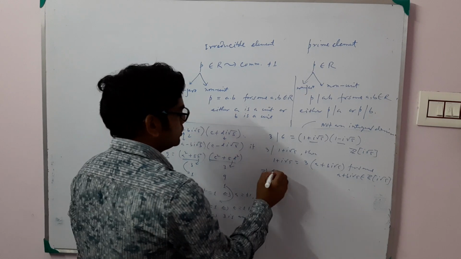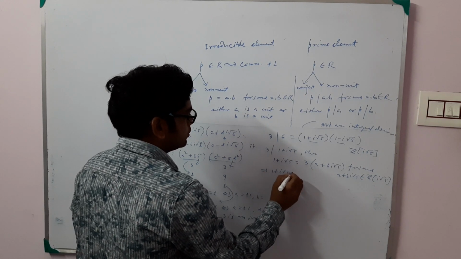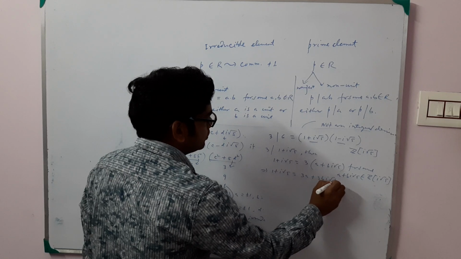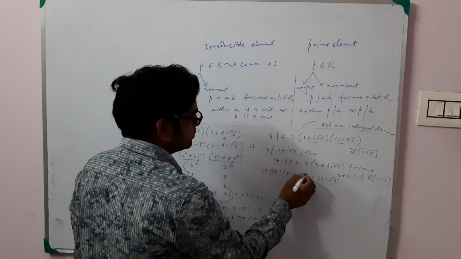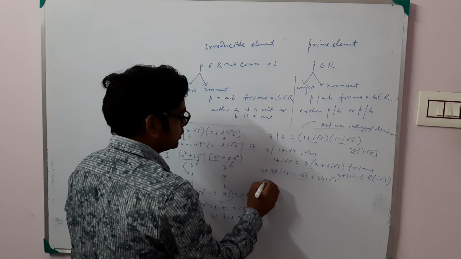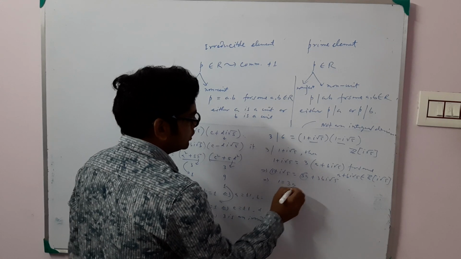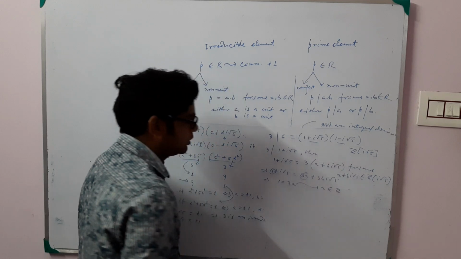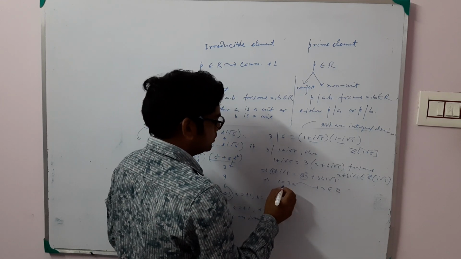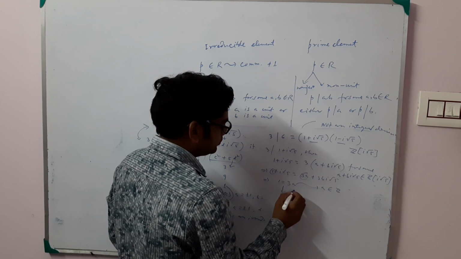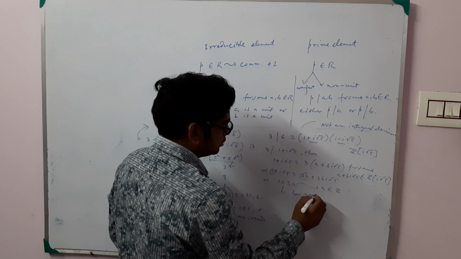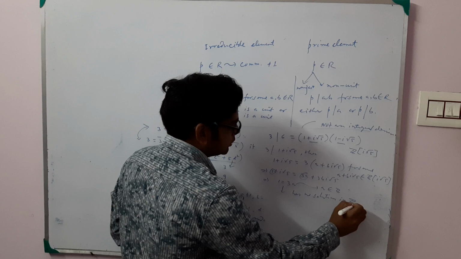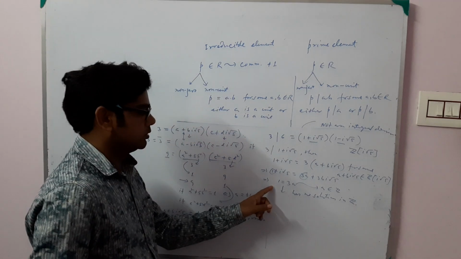So from this we see that 1 plus i root 5 is 3a plus 3bi root 5. So 1 must be equal to 3a, and a is in Z. So we see that this equation has no solution in Z.